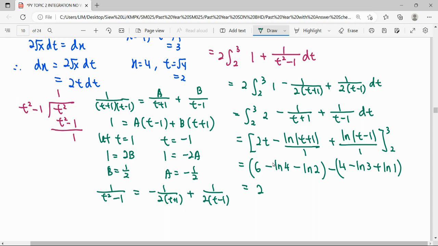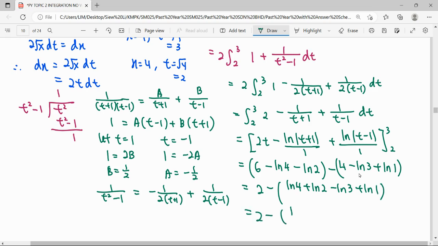For the negative here, we factorize it out. You can see that ln 4, when we factorize out, the negative will give plus ln 2. Here will be minus, negative, negative, positive.